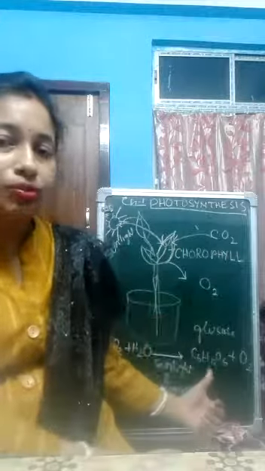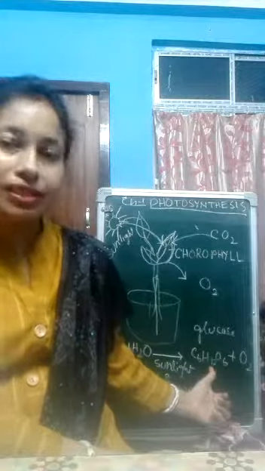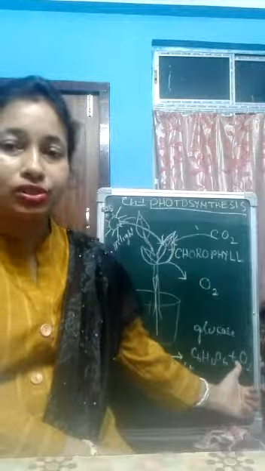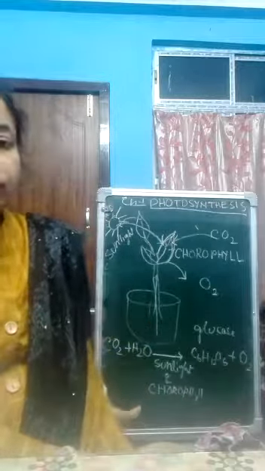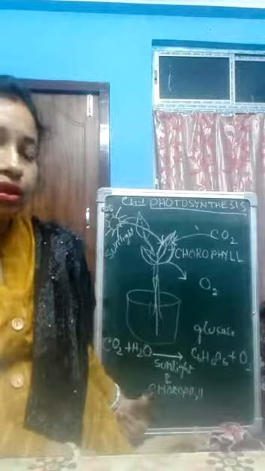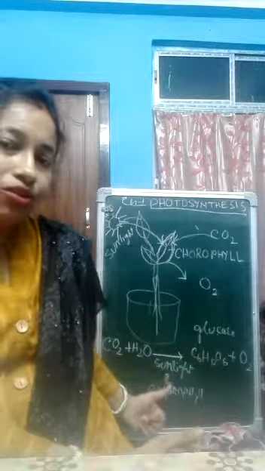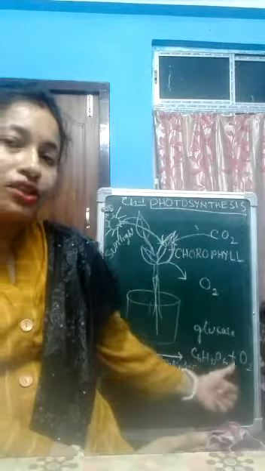And what is prepared? Glucose, that is C6H12O6, and oxygen. So what is our equation? Our equation is carbon dioxide plus water, in presence of sunlight and chlorophyll, produces glucose and oxygen.